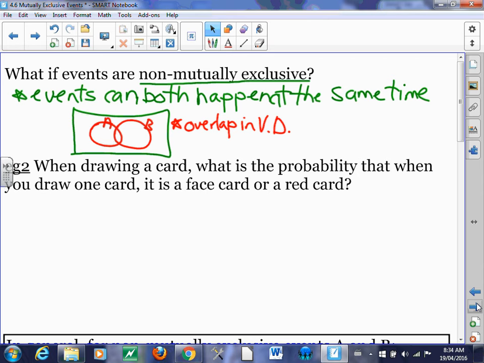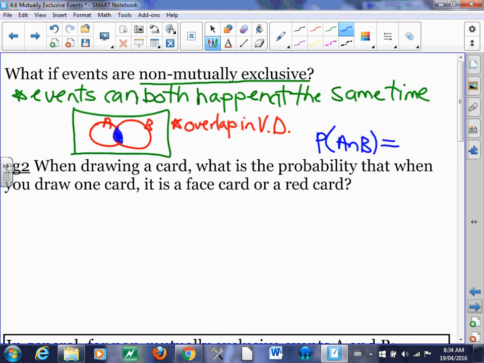Okay? So you notice that there's a lovely little colored area there where they overlap. And if there's an overlap, what do we know? We know that the probability of A and B cannot equal 0, because there's going to have to be a probability because it exists.